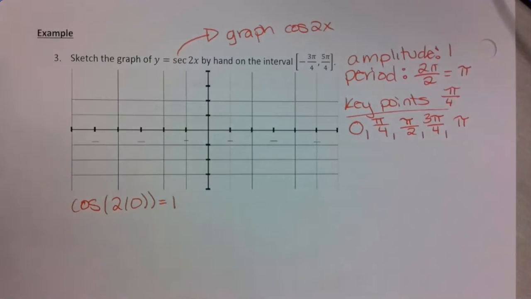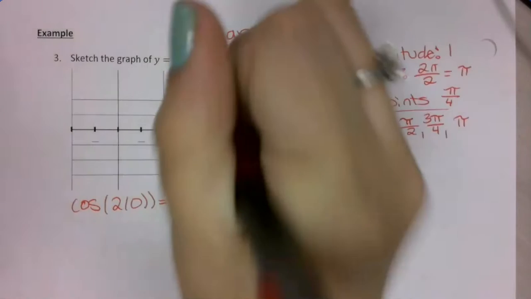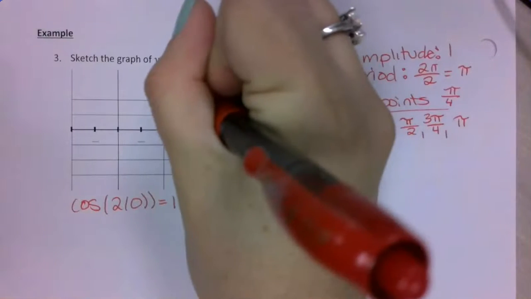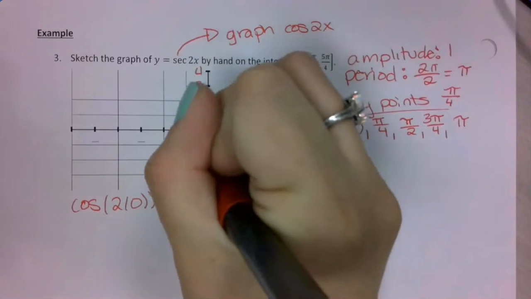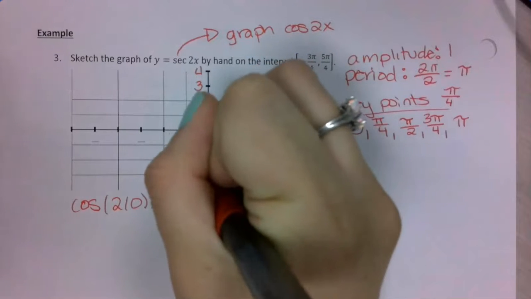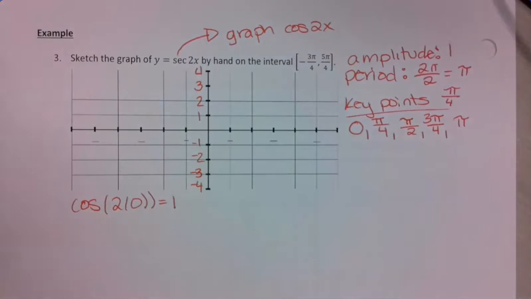So I need to label this so I can graph that point. My amplitude is 1, so my scale doesn't really matter here. I just need a scale for my y-axis. What do you want me to count by on the x-axis? Okay, pi fourth.